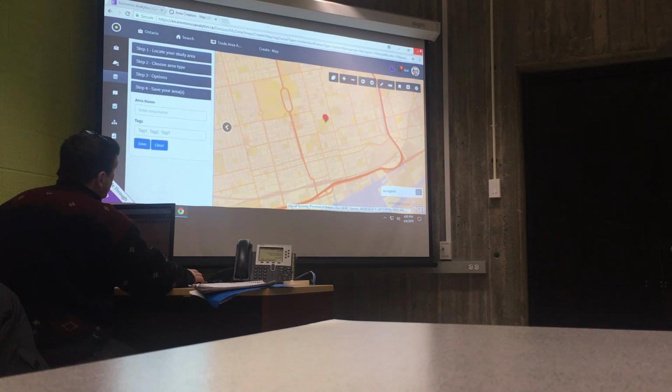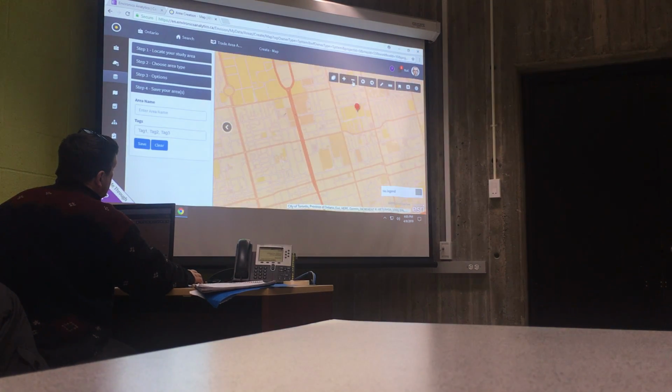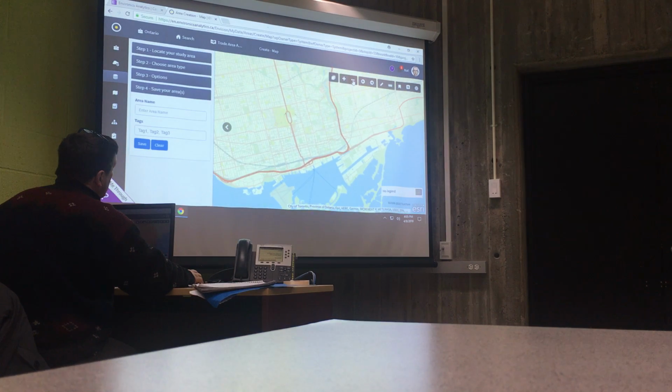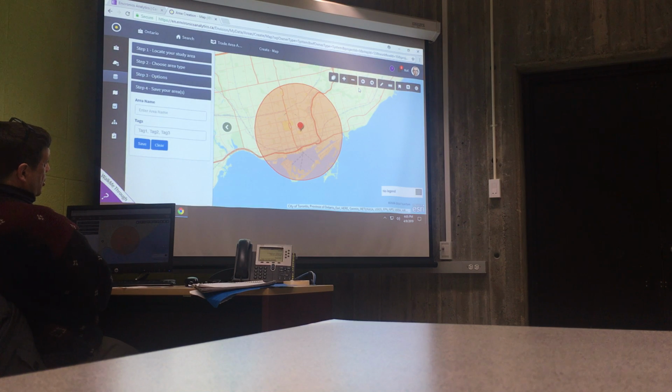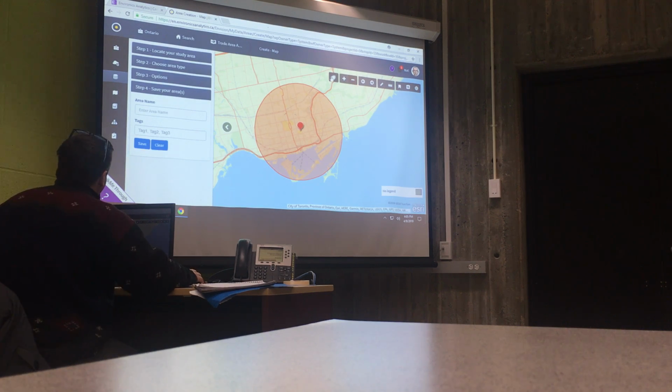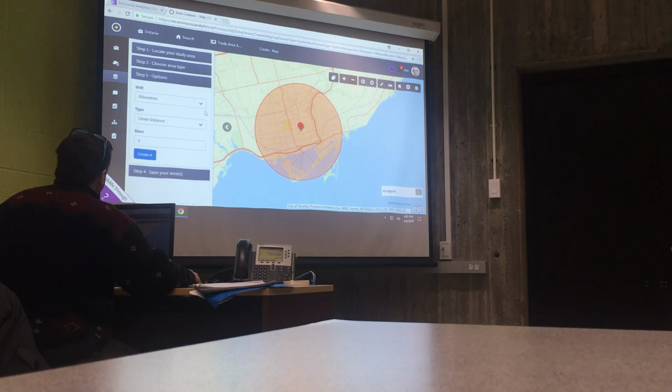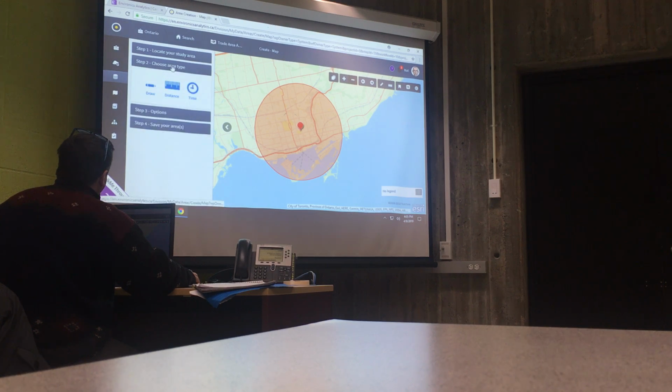What this does is it creates a 5 kilometer radius around that point. So that would be as the crow flies in terms of absolute distance. Or you can choose in terms of time.